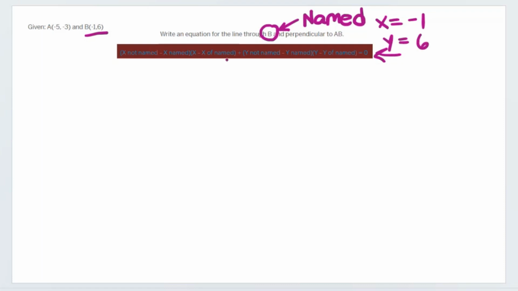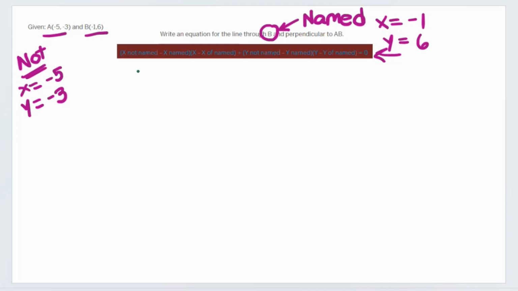So anywhere in this equation I see anything about the named point, I'm going to be using -1 and 6. If I see anything that's about the not named point, I'm looking at A. And so the X is going to be -5 and the Y is going to be -3. So with that information, I'm going to start filling out my formula.